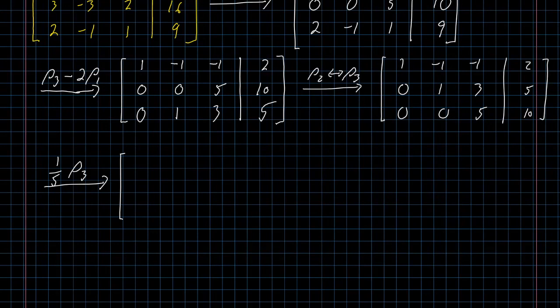You get x3 by itself by dividing both sides of the equation by 5. And depending on which theory you subscribe to, this might be your stopping point.